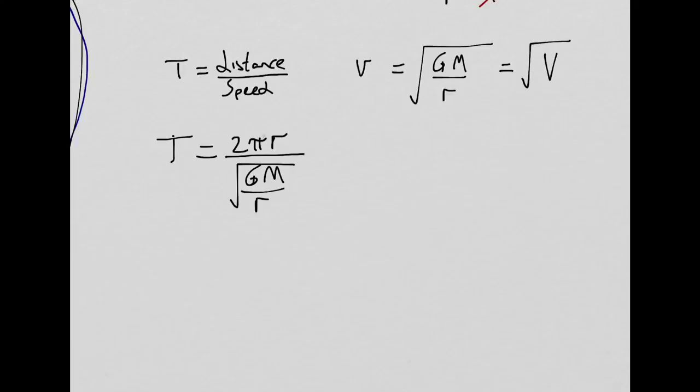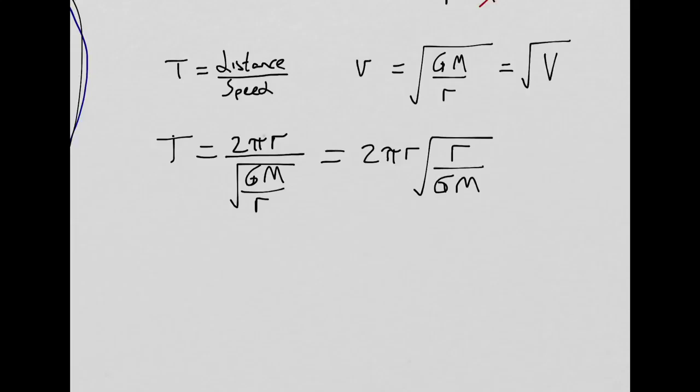Whenever you've got an equation with the square root on the bottom, that's quite tricky. We can do a little trick though. We can move this to the top if we flip the fraction inside the brackets. So we can actually say that's equal to 2 pi r square root r over GM.